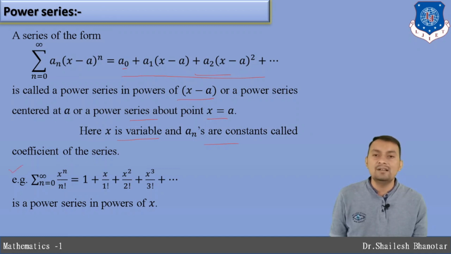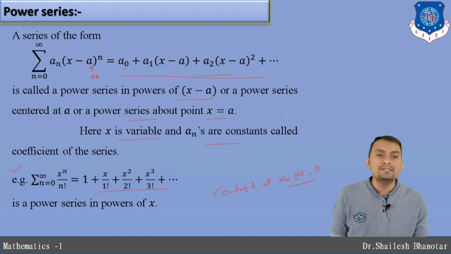Let us see this question: summation starting from 0 to infinity, x raised to n divided by n factorial. When you expand it, this is exactly our power series, but it is in powers of x centered at x0 equal to a, which is 0.